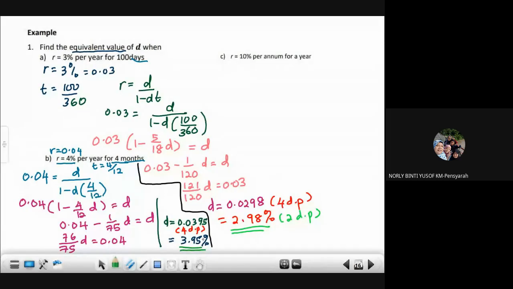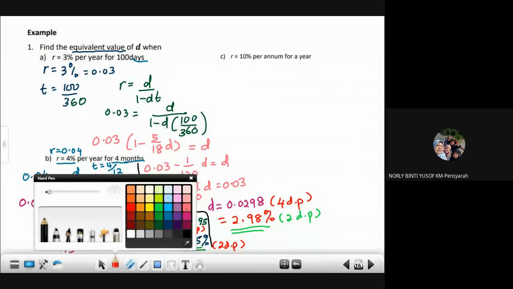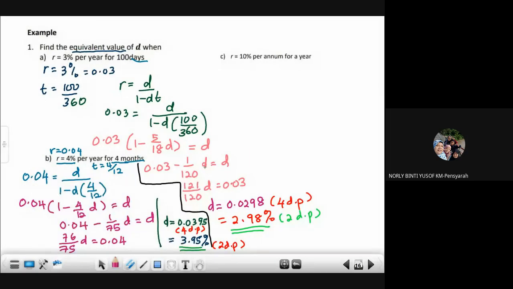Sebab itu kita wajibkan memang dalam scientific finance for D, the percentage must be in 4 decimal places supaya tepat you punya percentage tu. Okay, so that is how you calculate ni dalam 2 decimal places. Datang daripada 4 decimal places untuk nilai D. Okay, itu untuk B.